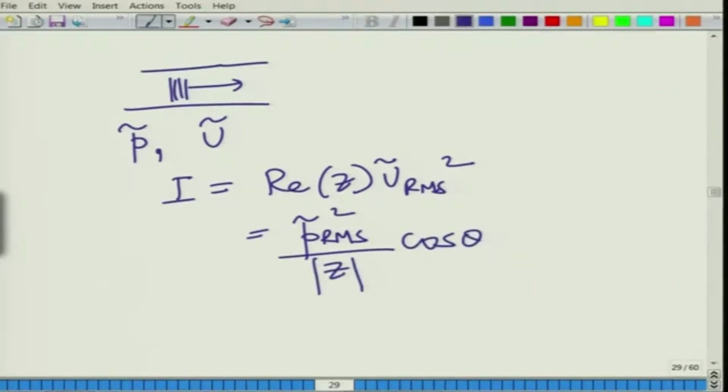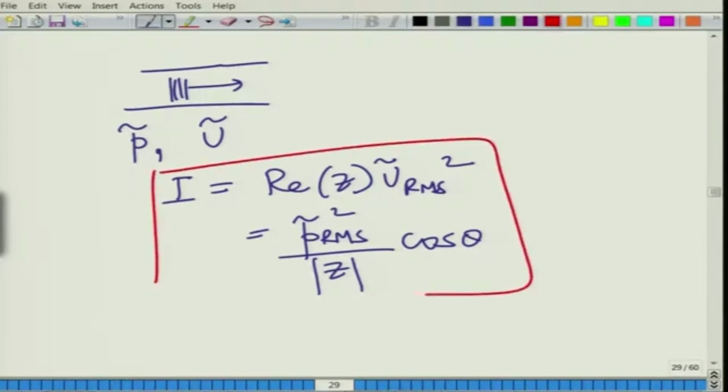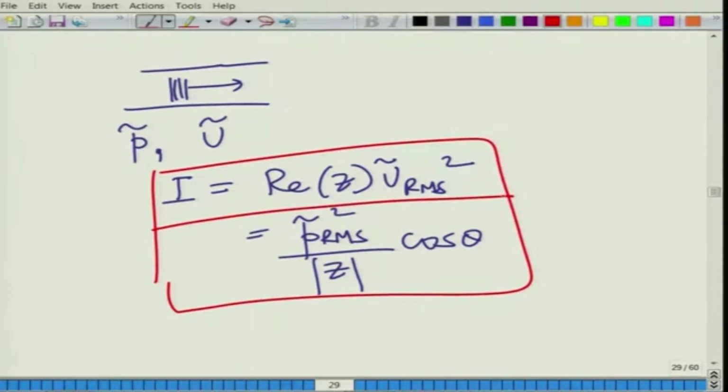These are the 2 expressions that are used quite often, but they need us to know what U RMS and P RMS are upfront, theta of course being the phase between the pressure P tilde and U tilde.